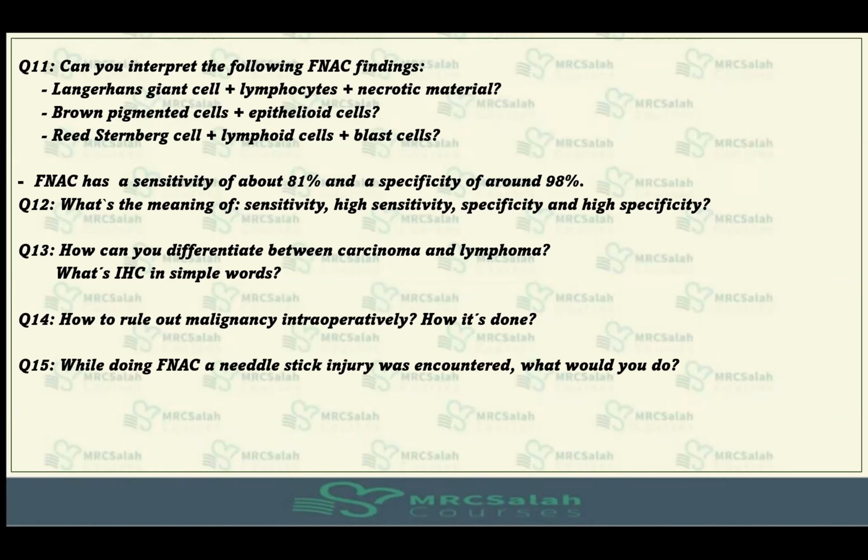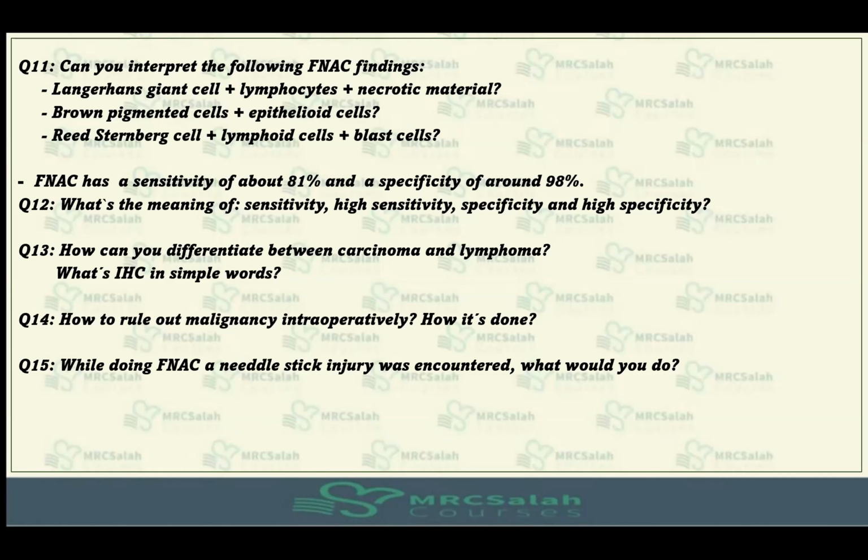Great. So while doing FNA, a needle stick injury was encountered. What would you do? First, I will allow bleeding from the wound and run water over it. For the patient, I will ask about risk of bloodborne disease and take a sample for testing. For the health worker itself, I can take a blood sample for testing.